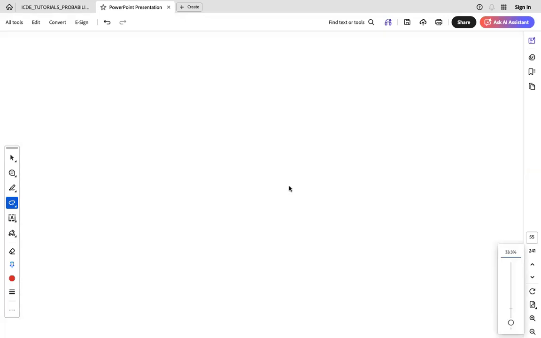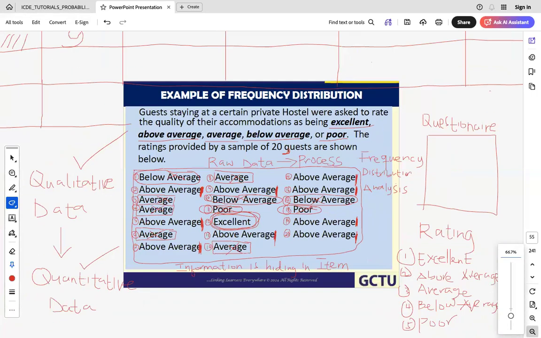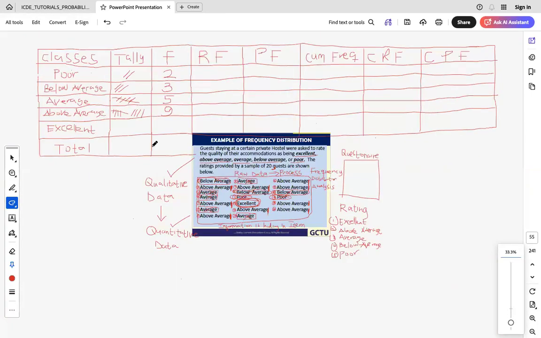Let's see how many chose excellent. So excellent, I see 1 here. And that is all. I'm not seeing any excellent again. So it means only one person chose excellent. Let's go to our table and record.